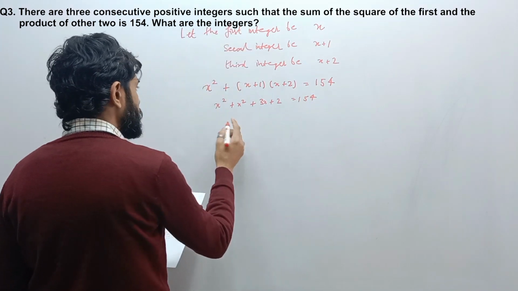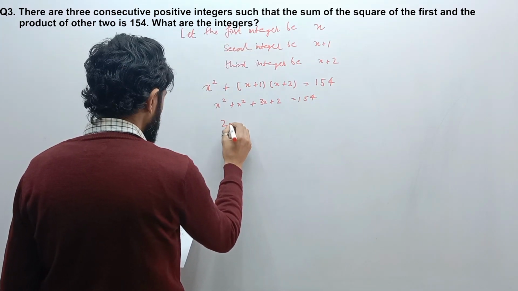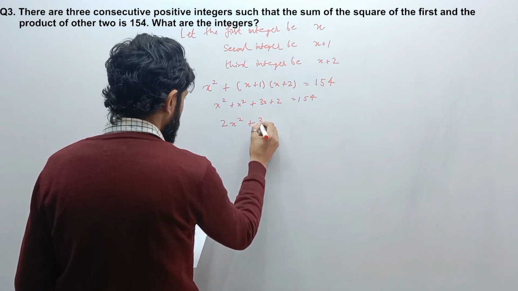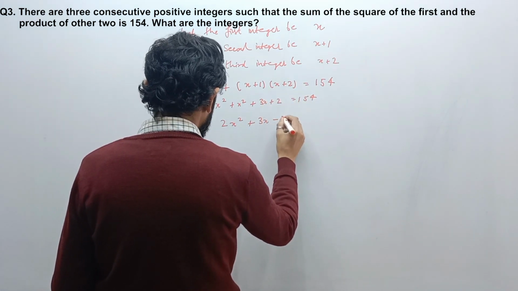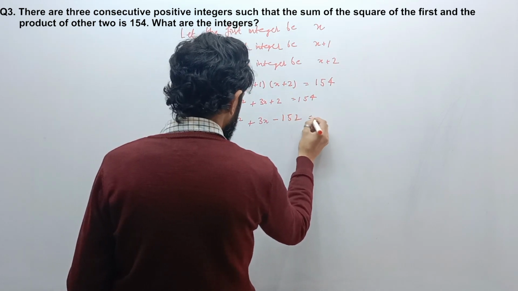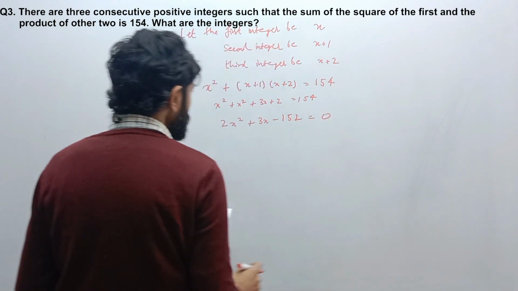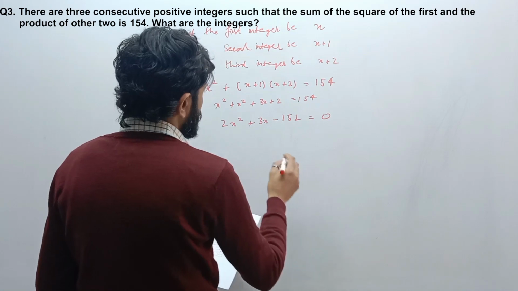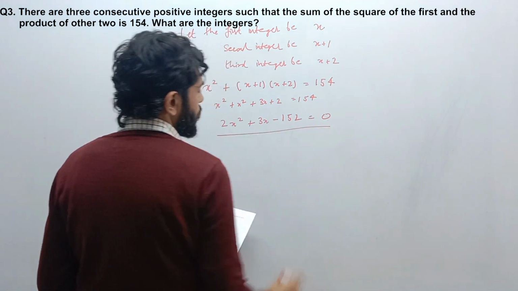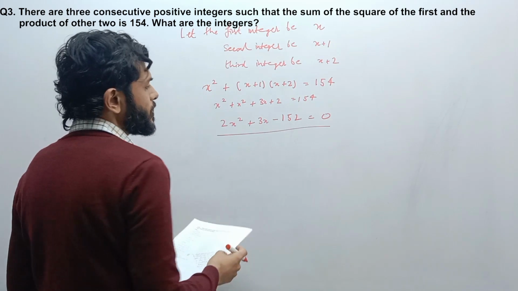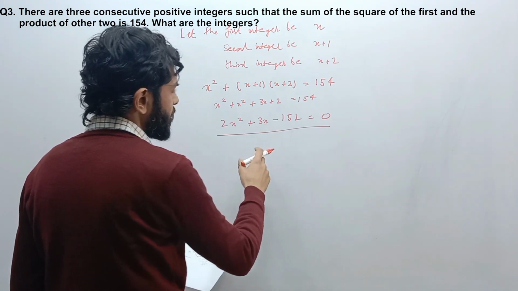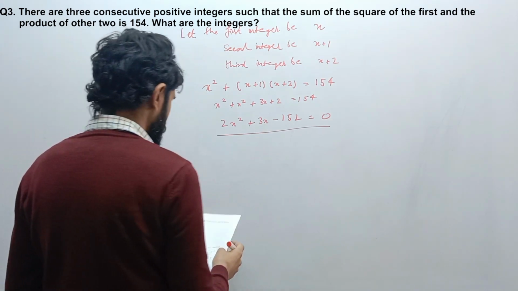Now on further simplifying, we get 2x square plus 3x, and moving this term here, minus 152 is equal to 0. Now here a quadratic equation is achieved. Now we can solve this by any method, either by splitting the middle term or by quadratic formula.